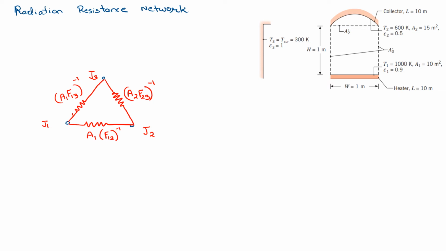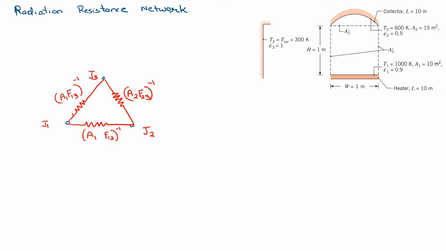So we are on step 2, where we have defined the view factor resistances between the radiosities. Now we still haven't mentioned the surface radiation resistance, so let's do that.